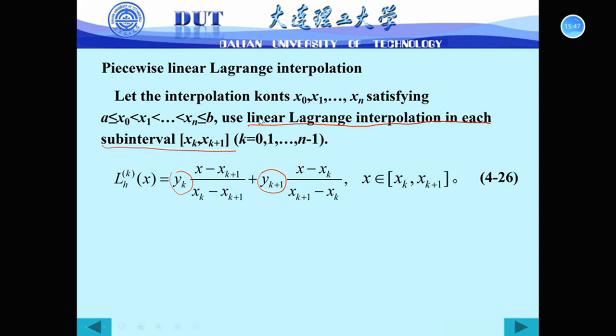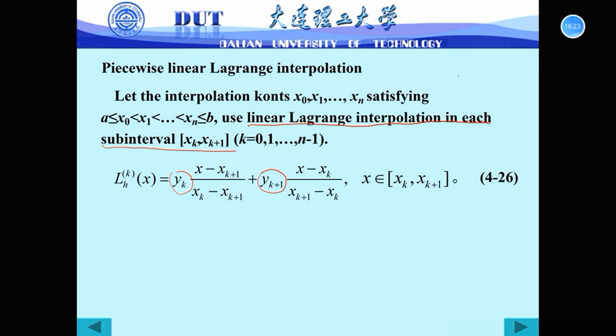Then we use linear Lagrange interpolation on the two corresponding nodes, so it is easy. For yk the node is xk, so the linear Lagrange basis is (x - xk+1)/(xk - xk+1), right? And for yk+1, its Lagrange polynomial is (x - xk)/(xk+1 - xk). Now you see, we just use a straight line.